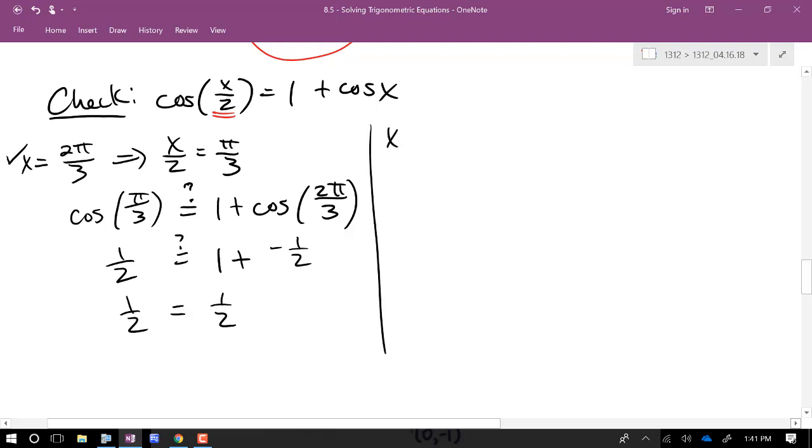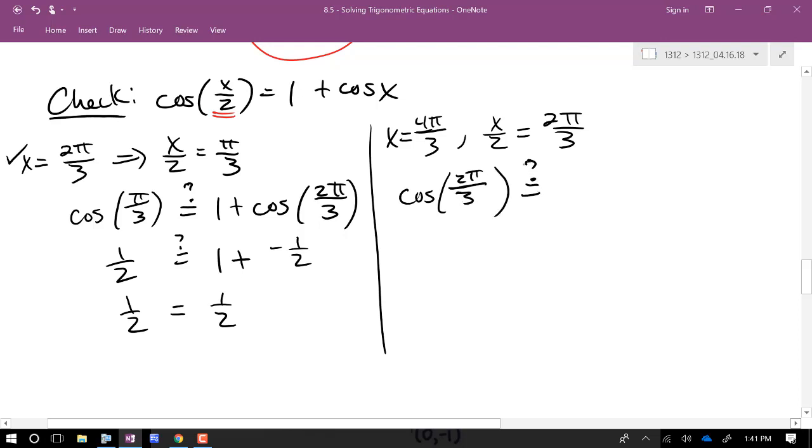Let's try 4 pi over 3. If x is 4 pi over 3, then x over 2 is 2 pi over 3. And so we want to know, is cosine 2 pi over 3 equal to 1 plus cosine of 4 pi over 3? What's cosine of 2 pi over 3?